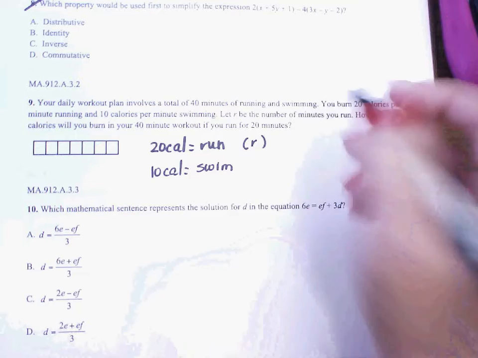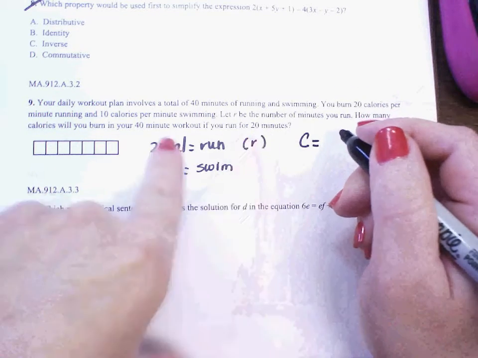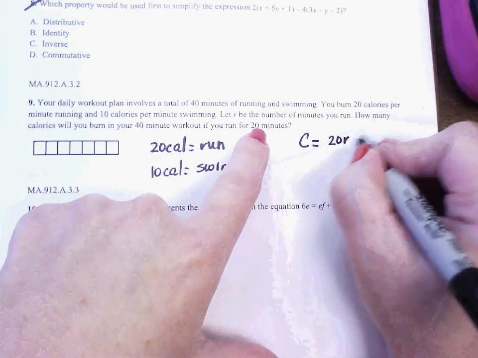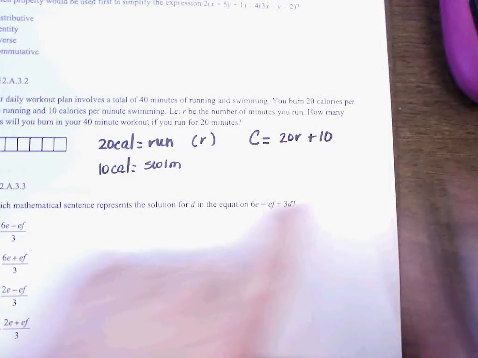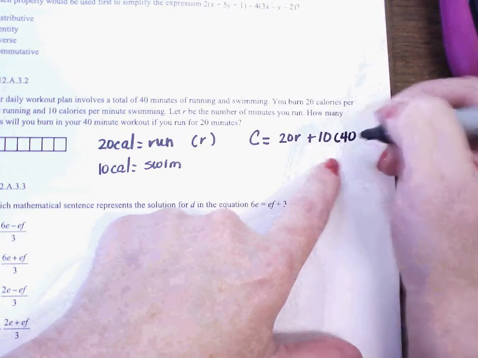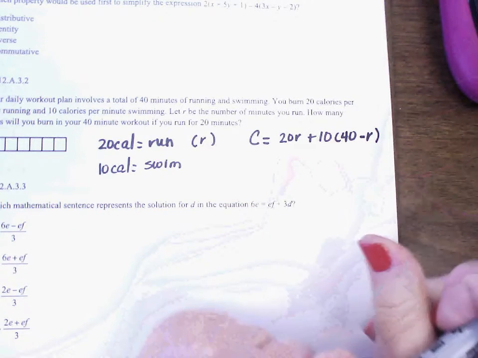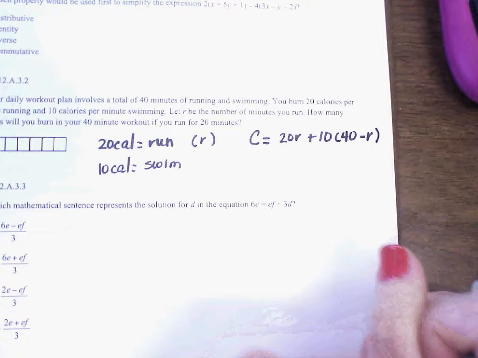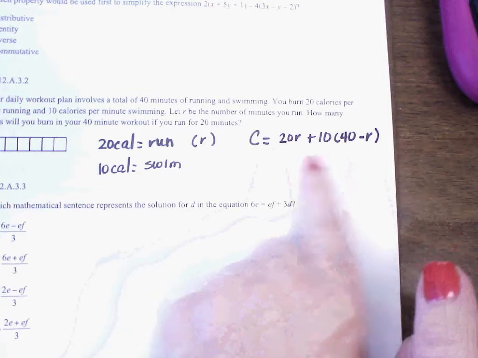Alright, so the first thing that we need to do is go ahead and come up with the equation. I'm going to put C for number of calories. So if you run for 20 minutes, it would be 20R plus the rest that you spent swimming. You did it for 40 minutes, but you got to take away the ones that you spent running.